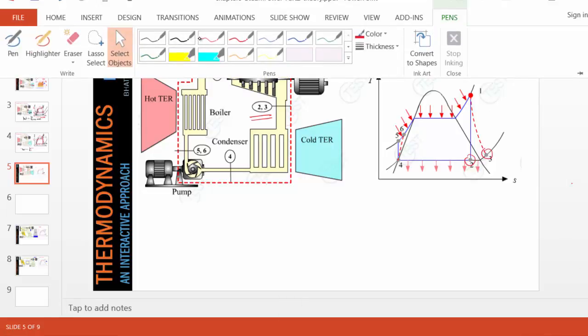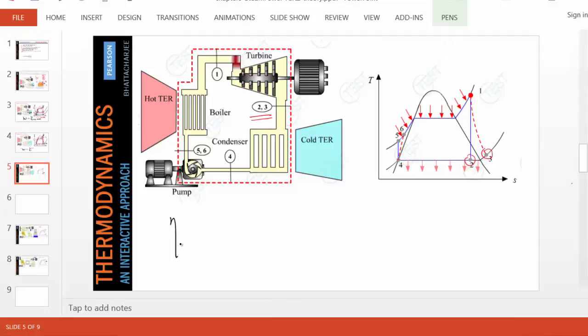The isentropic efficiency of the turbine is given by the smaller amount of work, the actual work from the turbine, to the ideal work from a turbine. And of course, as you can deduce, the actual work is H1 minus H3.